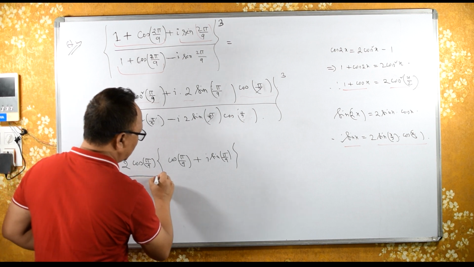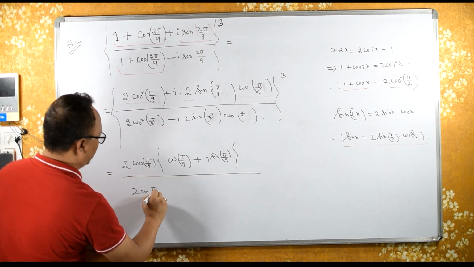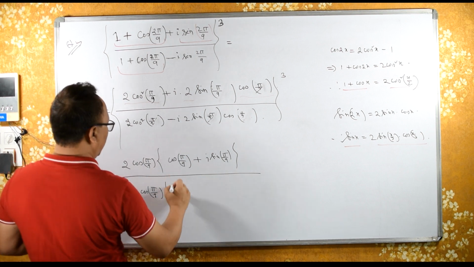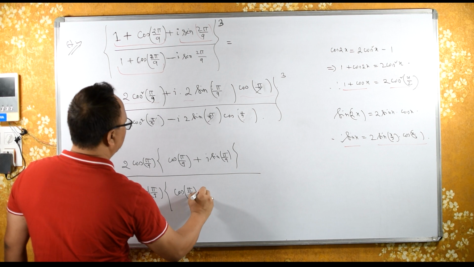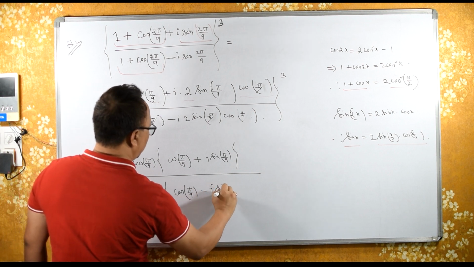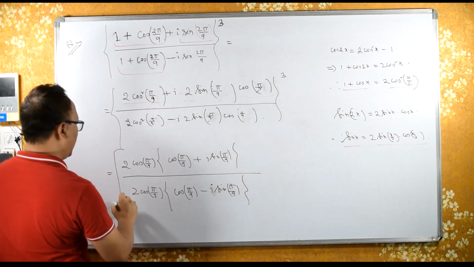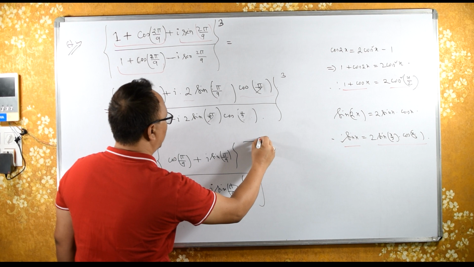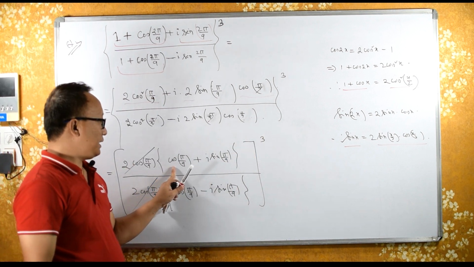Similarly, in the denominator also we take 2 cos pi by 9 out. Here 1 will remain, minus i sine pi by 9, all raised to cube. Now this gets cancelled.